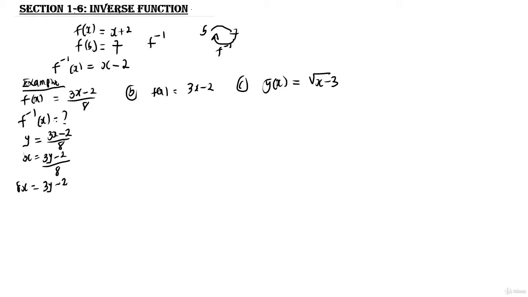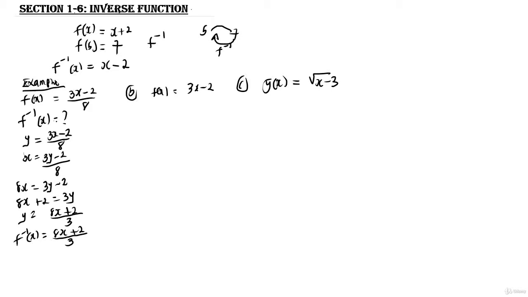Now we need to take this minus 2 to the other side of the equation so that 3y will stand alone. So 8s plus 2 is going to give us 3y. So y is equal to 8s plus 2 over 3. So the inverse of this function is 8s plus 2 divided by 3.